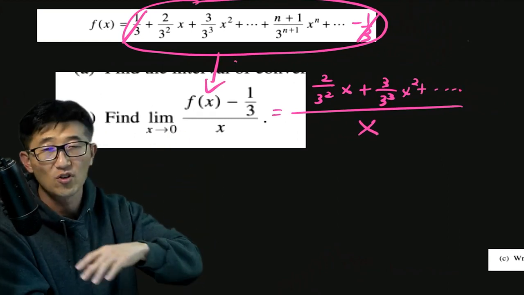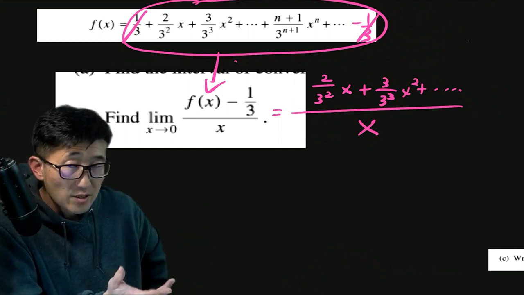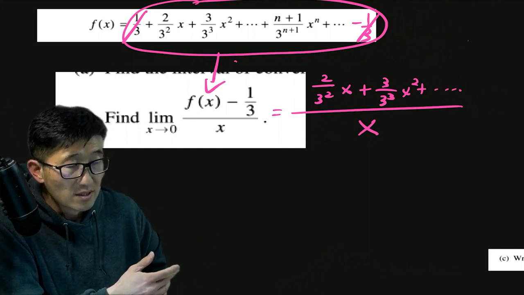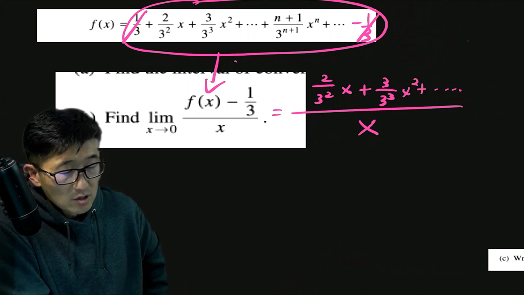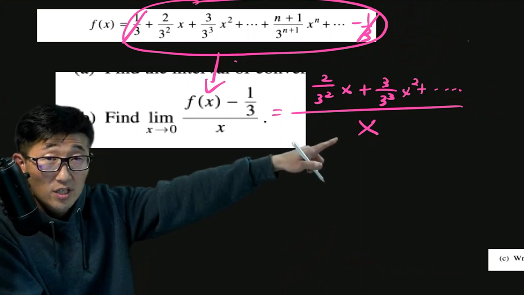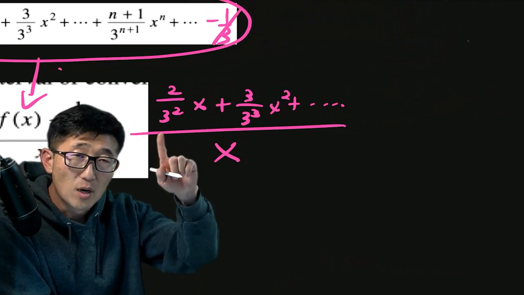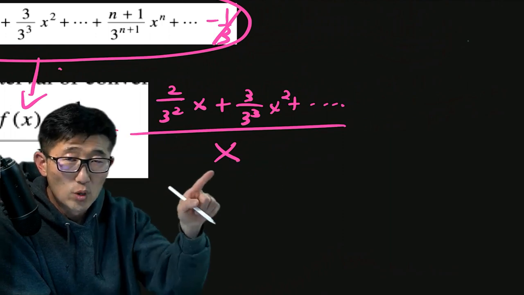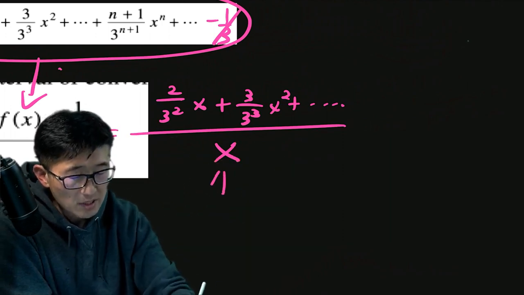And ultimately, after all of that, if you can't plug it in, most likely it's just undefined, or divergent. So right now we can't plug it in because there's x on the bottom, but when you have a polynomial on top divided by one denominator, each of those terms can be divided by the common denominator.